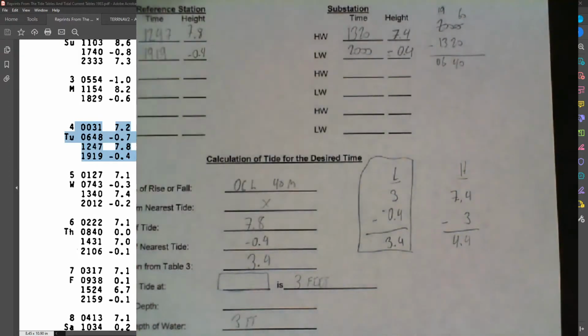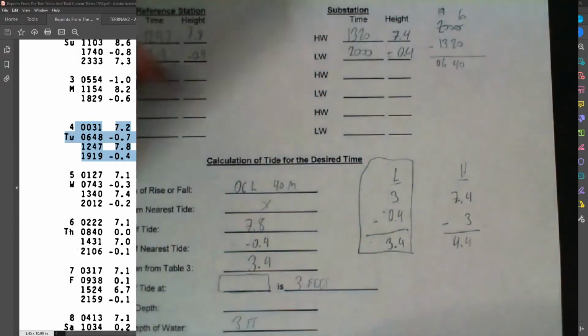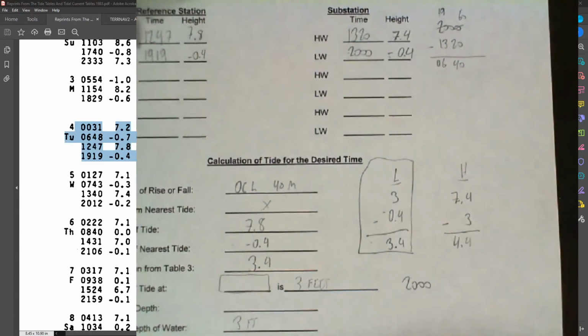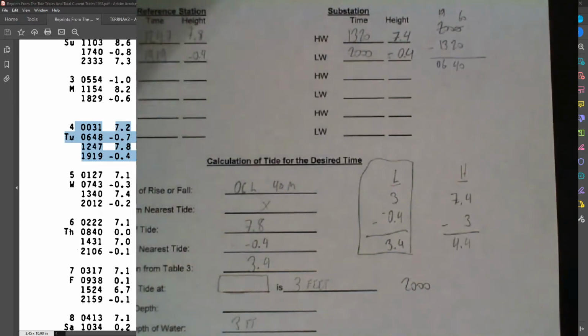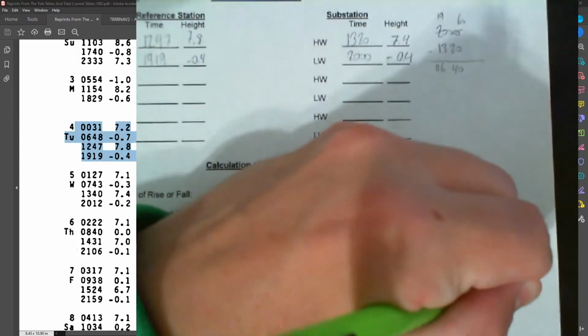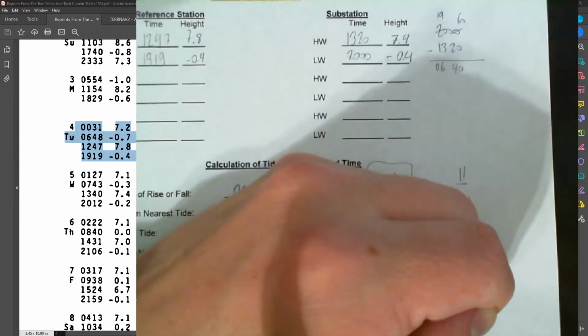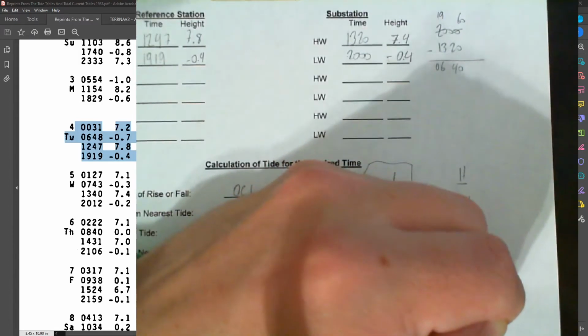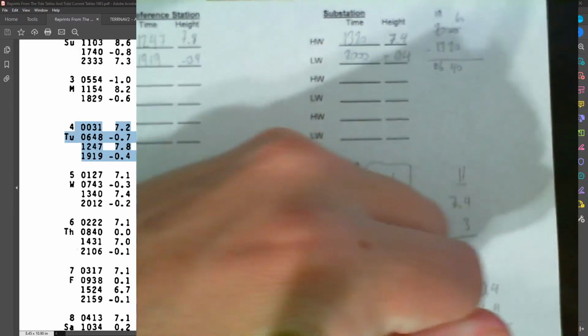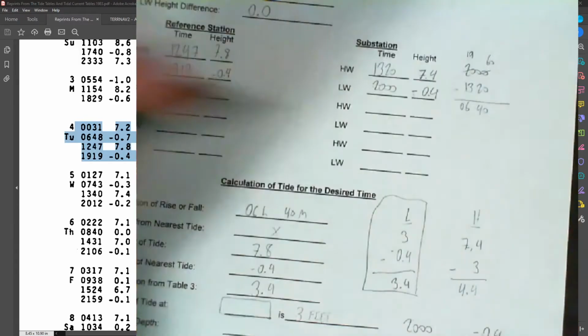Okay, so now that you've probably got notes down for that, we're going to write out to the side 2000, because 2000 is low water, which is the closest one, and negative 0.4. 0.4 plus 3.4, which is the correctional factor, will net us 3 feet, which we are looking for.